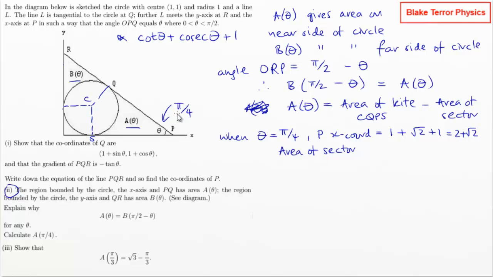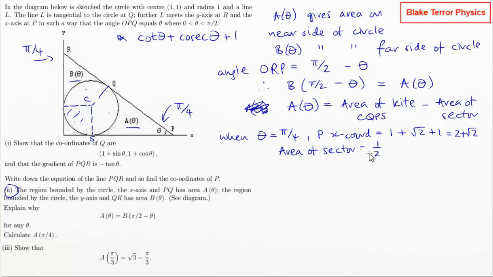If that's pi by 4, then that is also pi by 4 up there. So it's going to be half of 3/4 of the circle, because we're losing a quarter here in this square. That's a quarter of the circle gone. And because everything is symmetrical, these 2 sectors are going to be the same.